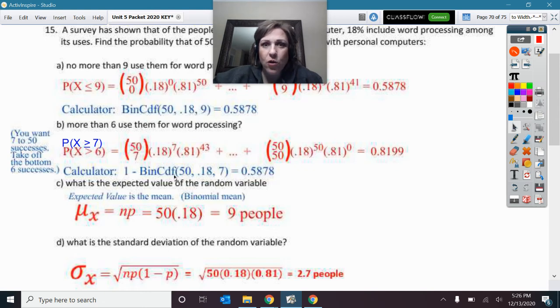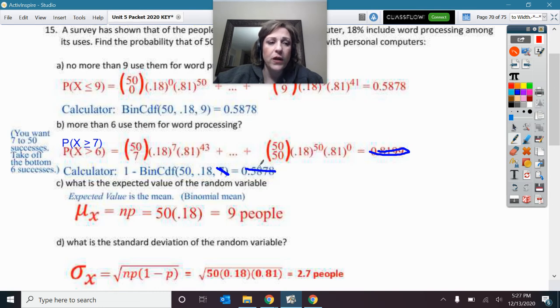Ooh, I have this wrong. Okay, well, let me check that. Here we go. So wait, let's see. I want greater than 6, so I want to take off 6 and below. So I need to have this right here as a 6. So I need to go and fix that in my calculator because this may not be the answer. See how tricky that is?